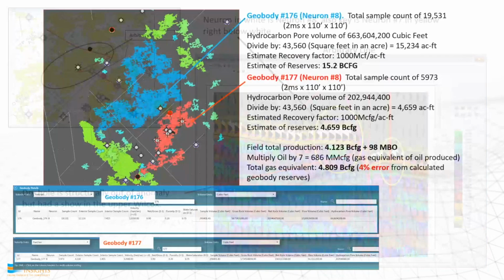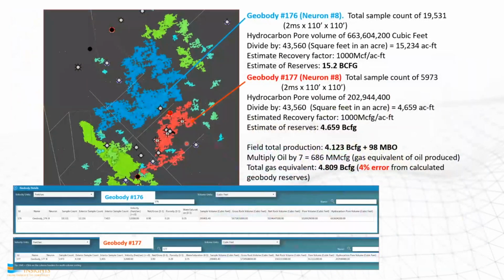Now what I've done is I've gone in and here's another thing that we can do: we know the bin spacing of the 3D. We know the sample interval. So from that we have a volume, and we can create geobodies that represent the volumes. The exercise here is I looked at the geobody that was related to the down-thrown production, and using some estimates for the area, I came up with an estimate of reserves of 4.659 BCF.